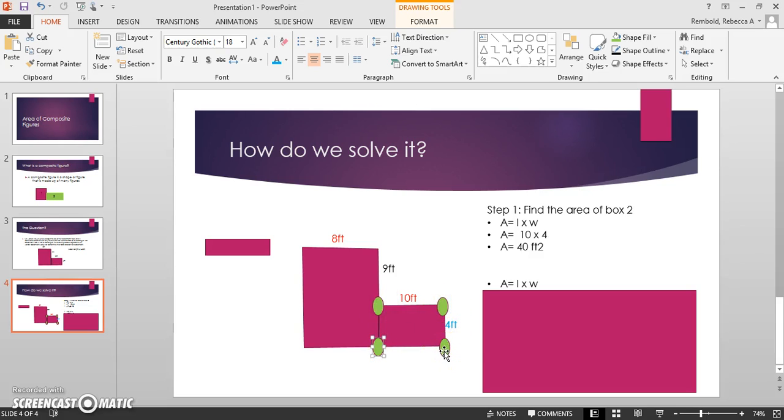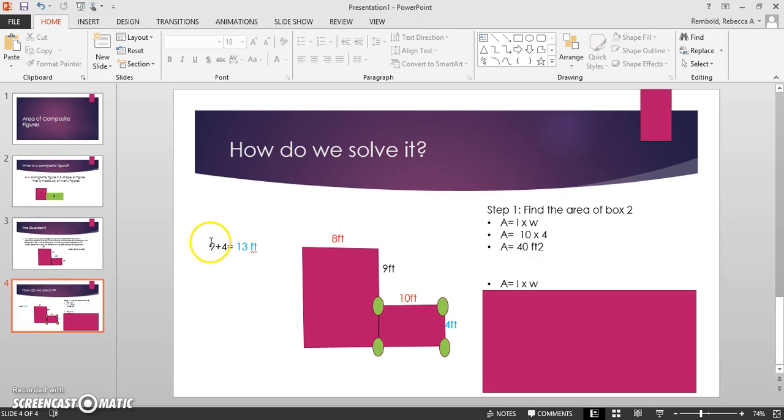So then we can assume that this line would be the same exact length as this line. So the 4 feet is going to be the same for over here. Now, that means to find the total length, we are going to have to add 9 feet plus 4 feet. And I've already done that over here. 9 feet plus 4 feet equals 13 feet.